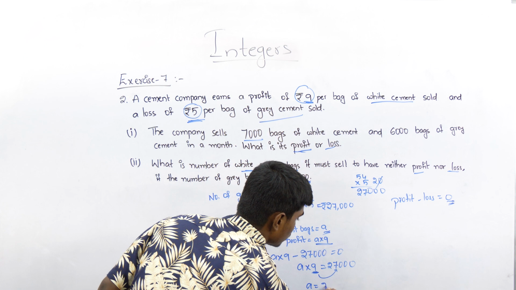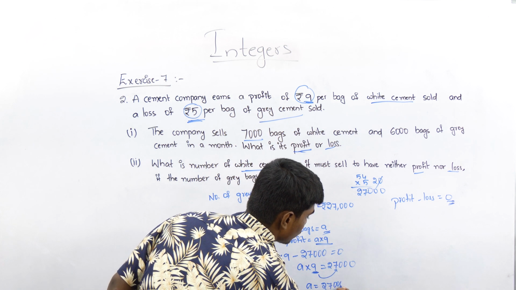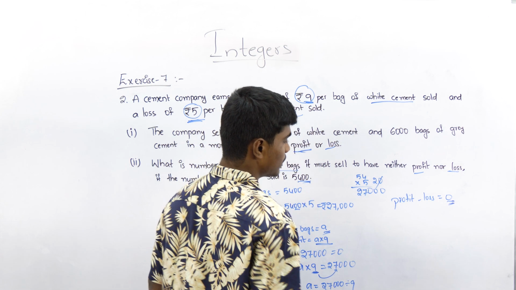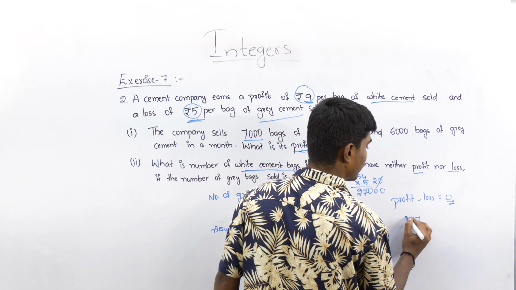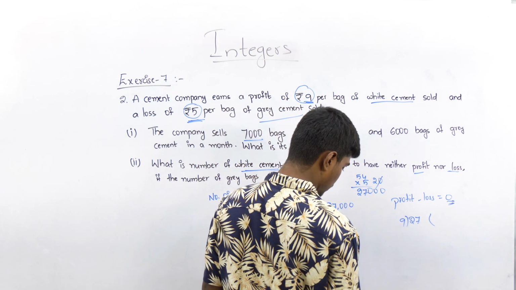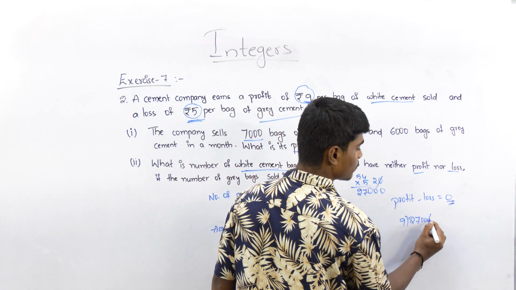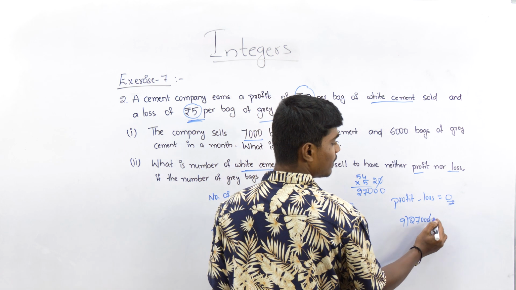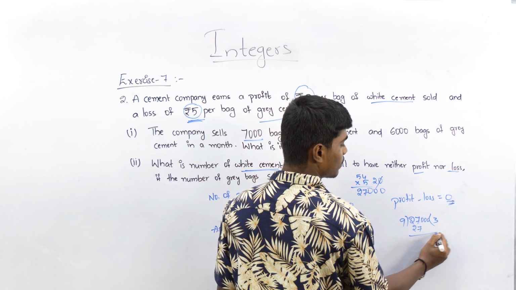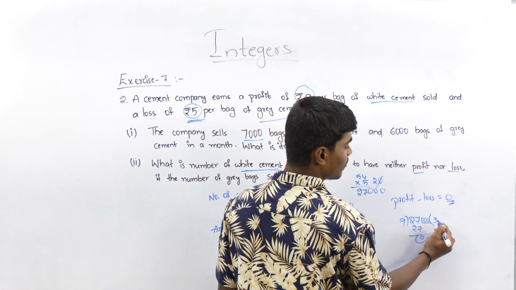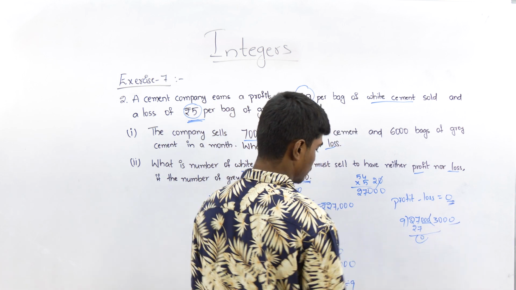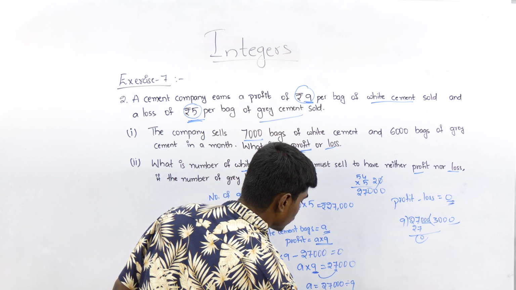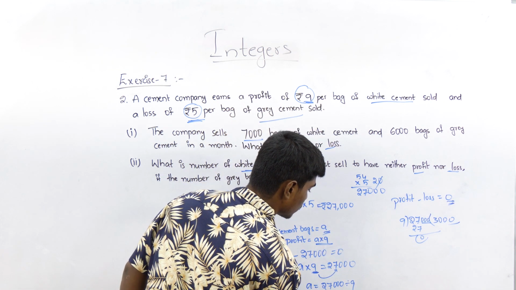So A is equal to 27,000 divided by 9. See, 27 divided by 9, 9 3s are 27. How many zeros do we have? 3. So 3000. So A is equal to 3000.